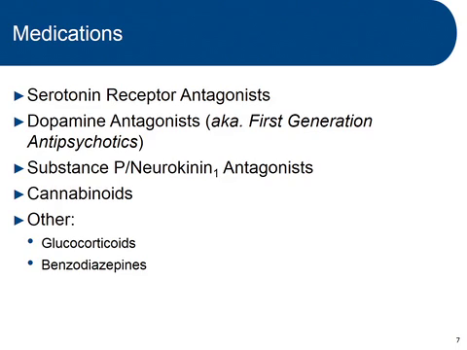Some of the medications that can be used to prevent nausea and vomiting: serotonin receptor antagonists, substance P neurokinin antagonists, dopamine antagonists, cannabinoids, and other things like glucocorticoids or benzodiazepines. These are drugs that can be used to treat nausea and vomiting or reduce the occurrence of nausea and vomiting.